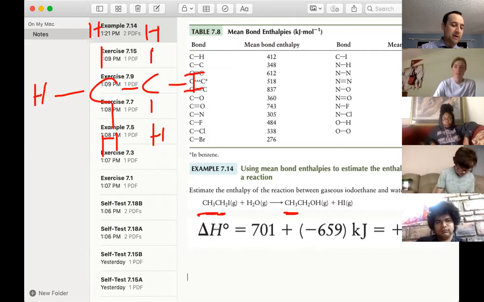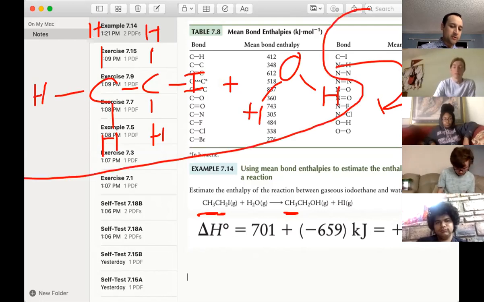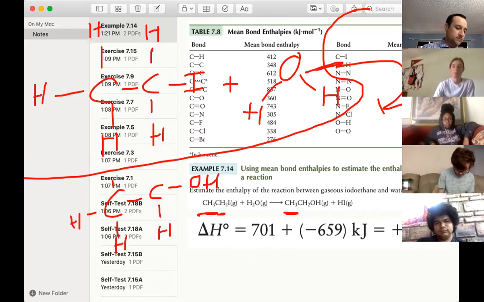So there's a carbon iodine bond right there, and then plus H2O, so O, H, H. And this is going to yield, and I'll put the products down here, that produces C, C, OH, H, H, H, H, H, plus HI.